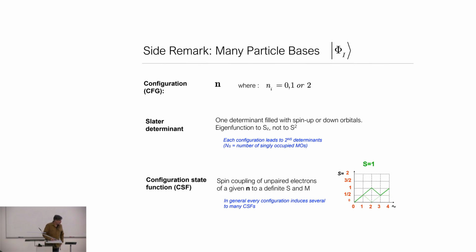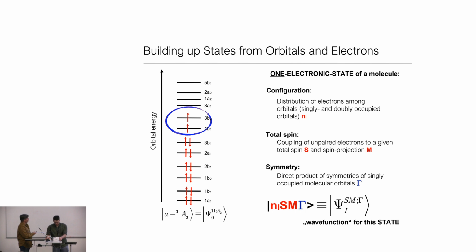And the thing with the Slater determinant is that it is an eigenfunction of Sz, so it has a well-defined Ms, but not a well-defined S, right? So what I told you here is that a proper wave function has to be an eigenfunction of the total spin S, yeah, and not only of the spin projection quantum number Ms.